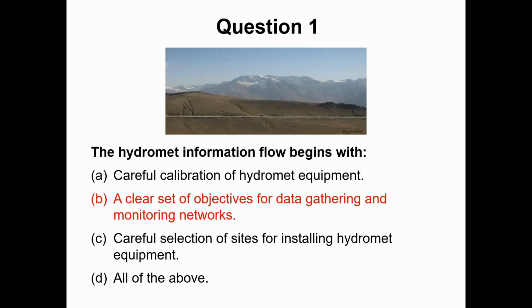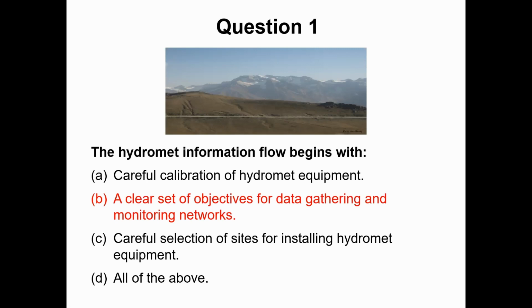But all of these things depend on what we're trying to achieve from the research. What is the research goal or objective? That defines where you locate the equipment, the type of equipment you need, and how often you need to calibrate it, download the data, and so forth. So having those clear objectives is the first step.